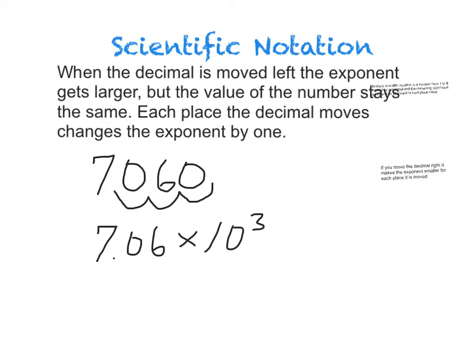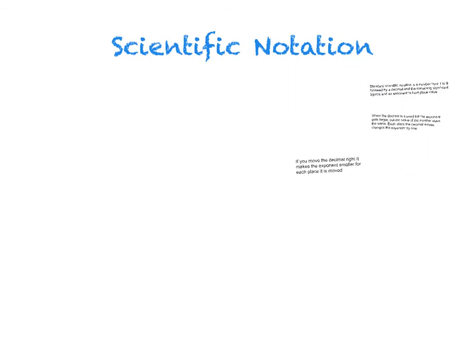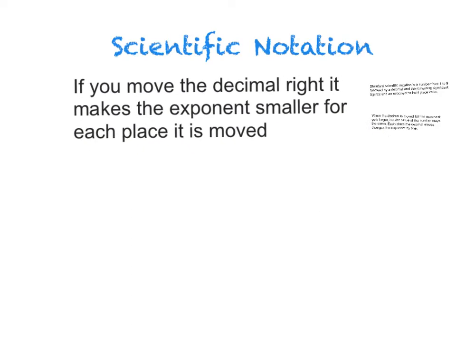We can do this with numbers that are less than 1 as well. If we move the decimal place to the right, it makes the exponent smaller for each place that is moved. So for example, if we have a number such as 0.00043, and we want to write this in scientific notation, we still need to make a number between 1 and 9.